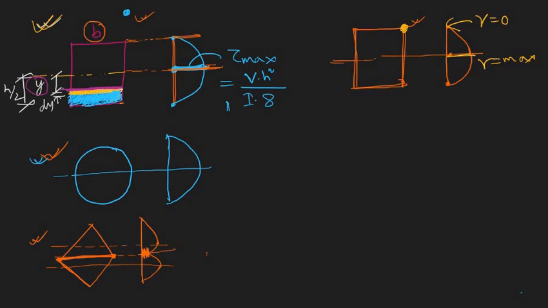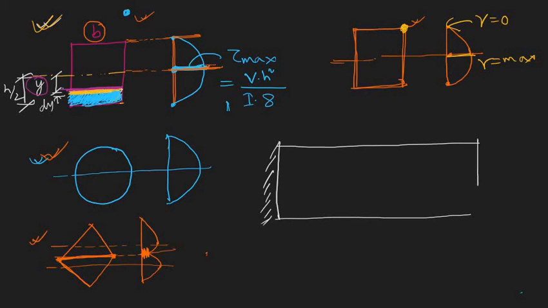Let's say you have a beam, a cantilever beam like this. This is the cantilever beam, and this is the height of the section and this is the length. Got it?